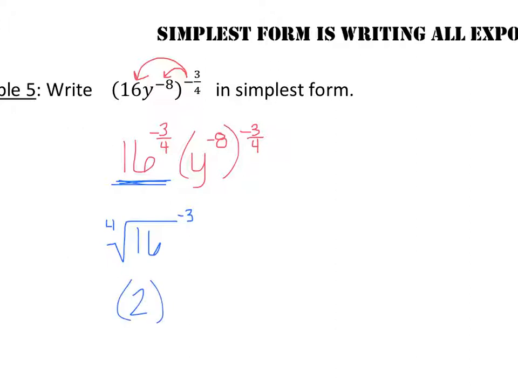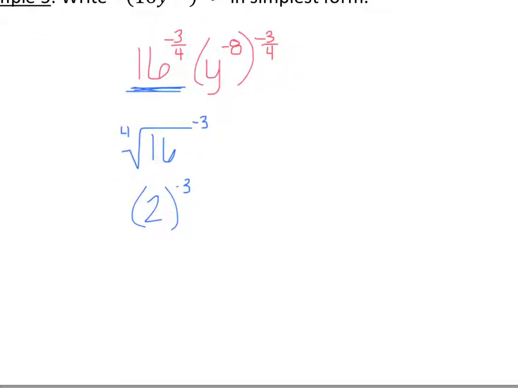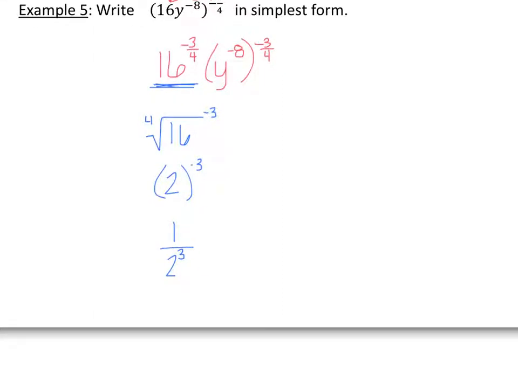So 2 to the negative 3, or 1 over 2 cubed. Remember, negative exponents do not mean negative numbers. It means fractions. So that is 1 over 8. Either one.